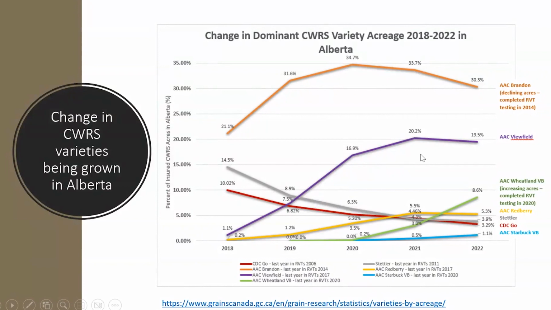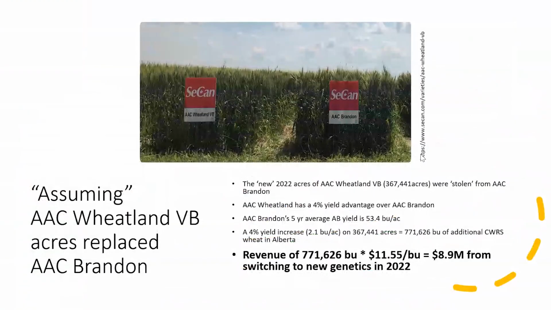And the economic advantage of switching to a new variety, just in terms of yield, and there's so much more than just yield. This is the example, the math that I went through. If we said those new acres of Wheatland in 2022 were stolen from AAC Brandon, and Wheatland, we saw in the tables, had a 4% yield advantage over Brandon. It's got the orange blossom wheat midge resistance.